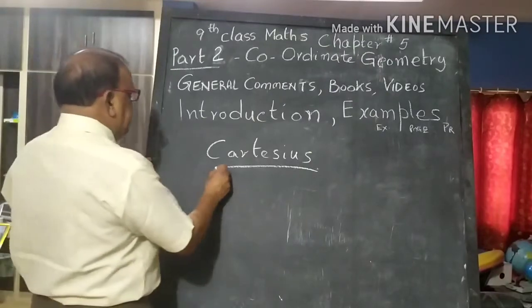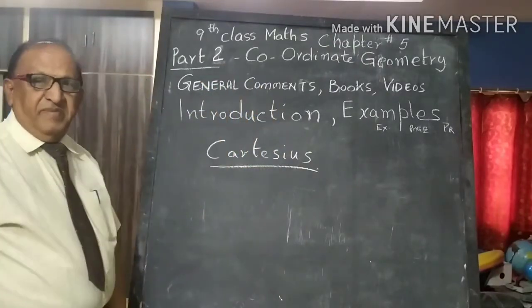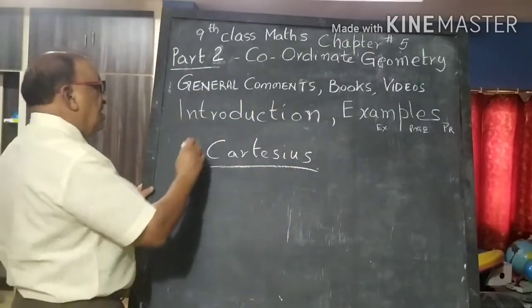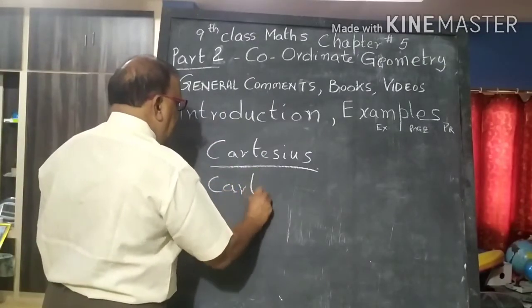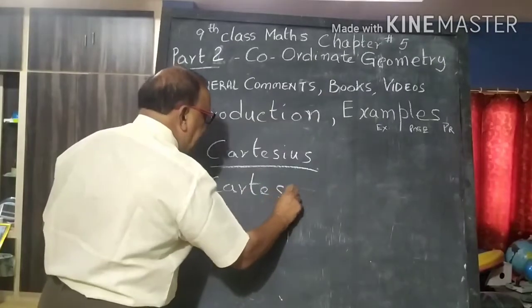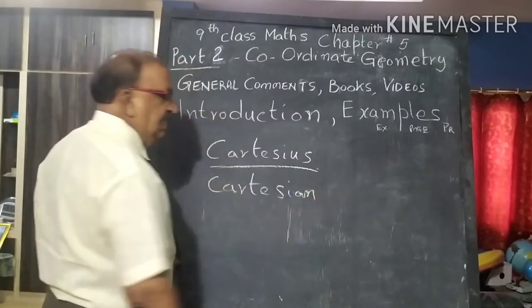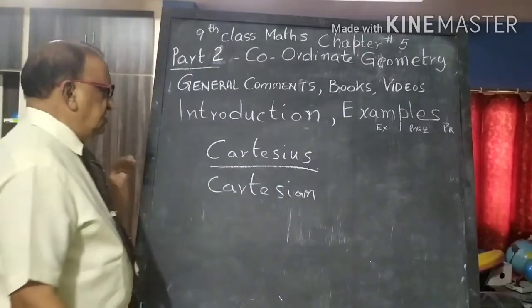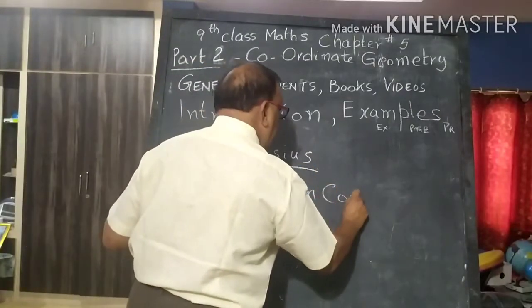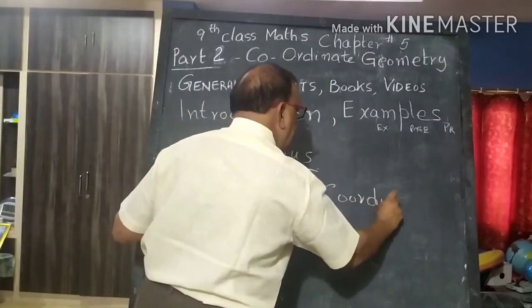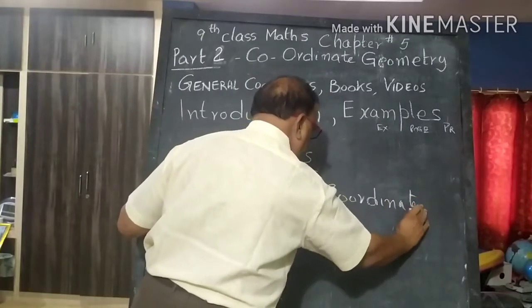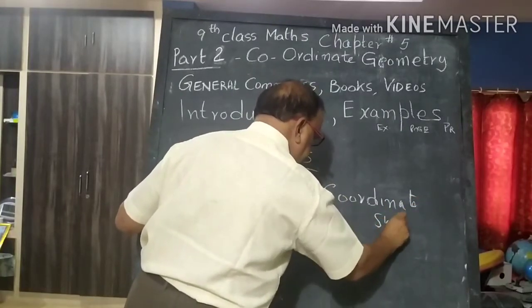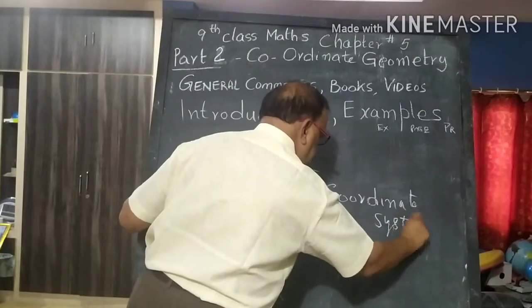Now, because he developed this coordinate geometry, the whole system is called Cartesian, just like India and Indian, Cartesian coordinates. The whole system is the Cartesian coordinate system, okay?